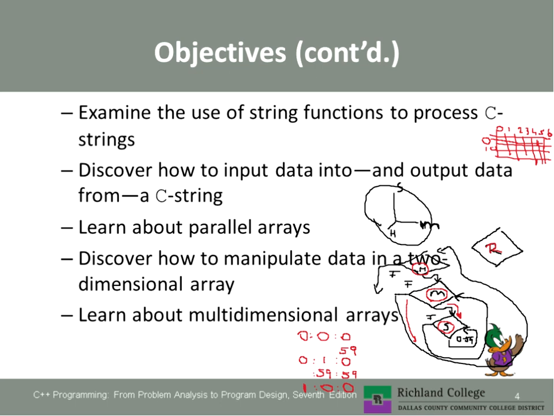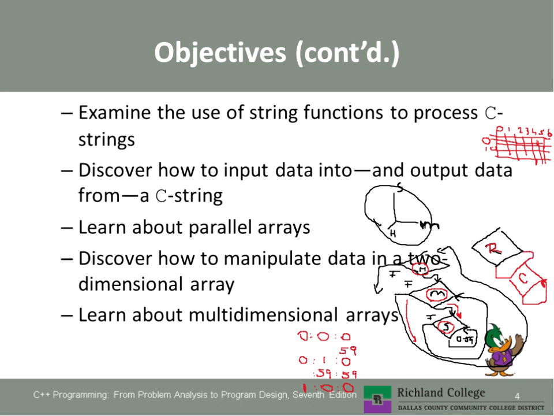So we picked 0, and then we say 0, 1, 2, 3, 4, 5, 6. And then we go back to 1, and we say 0, 1, 2, 3, 4, 5, 6. Okay? So the row changes the slowest. And what happens? In each iteration of the row, we go through and process each one of the columns, right?